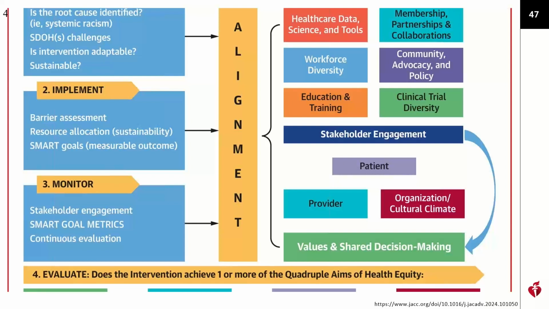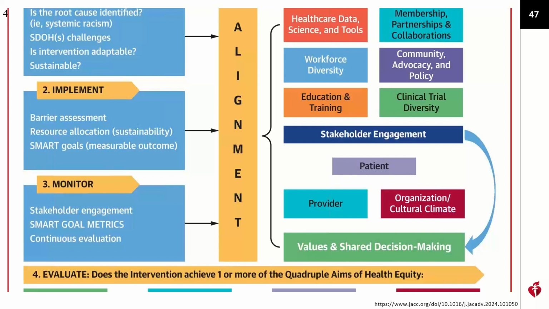And we have created these domains of work that help us to engage our stakeholders, and hopefully as a result of these domains and working in these domains, we will help to improve outcomes for all in our community.